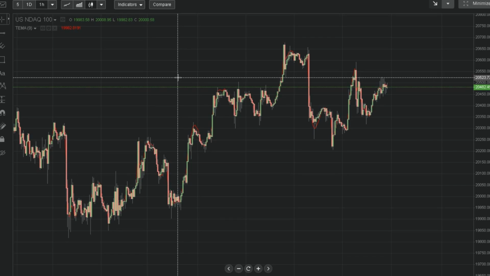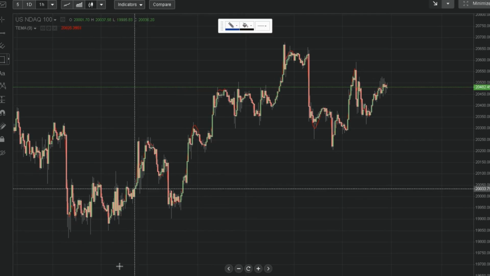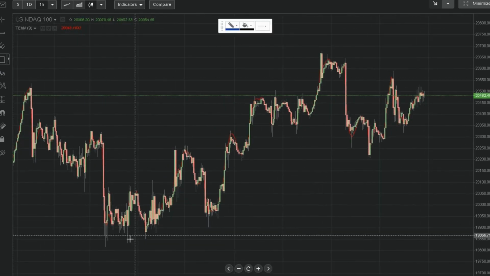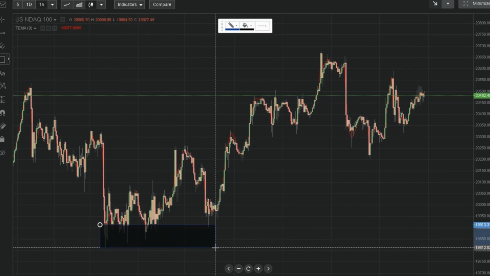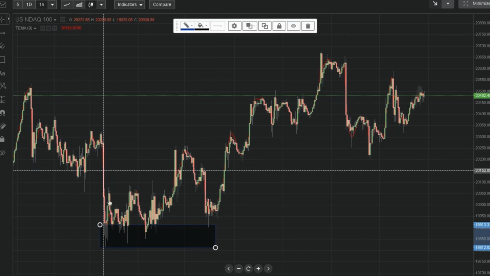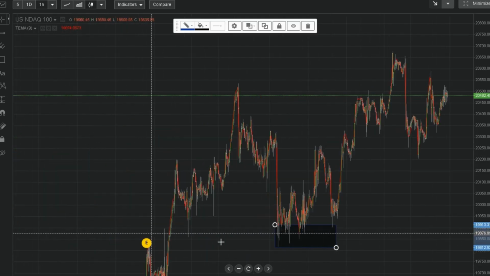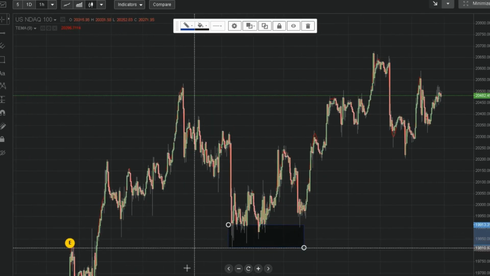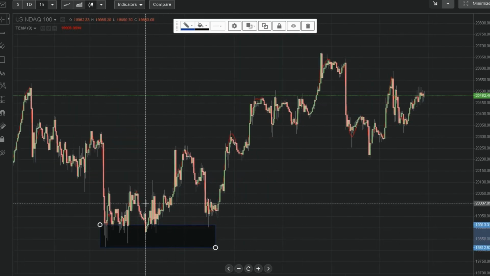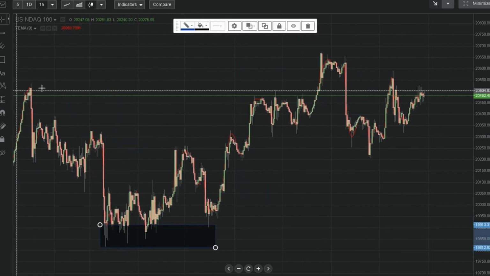So as you can see here, we have a lot of big wicks. What is the meaning of this? The meaning is that price was going down, but the buyers remained here. So buyers were stronger than sellers at this level of price.